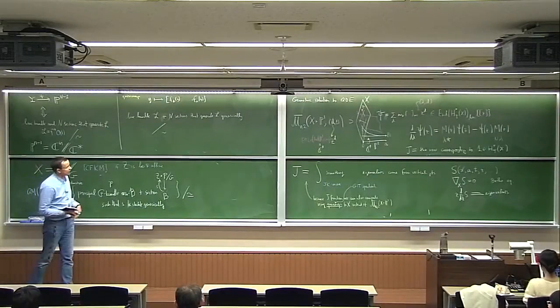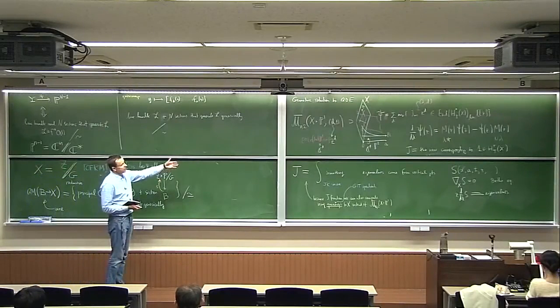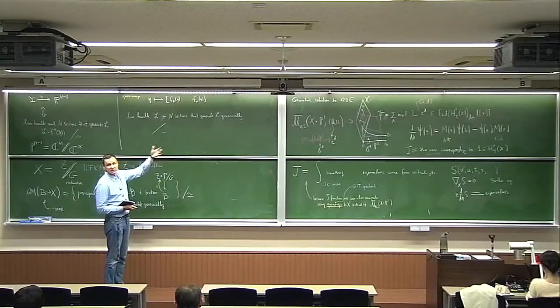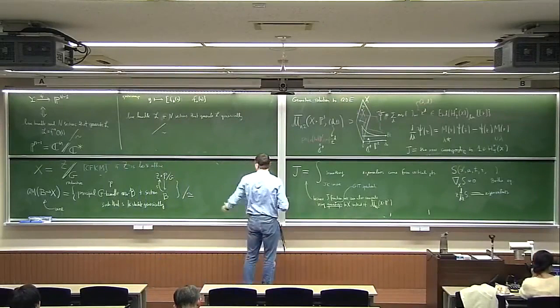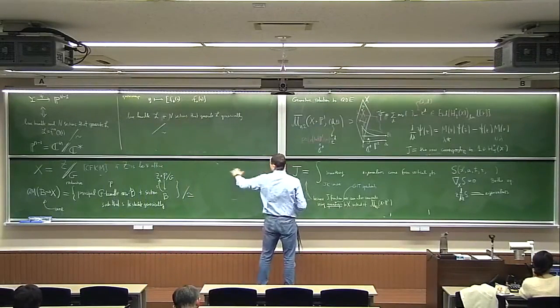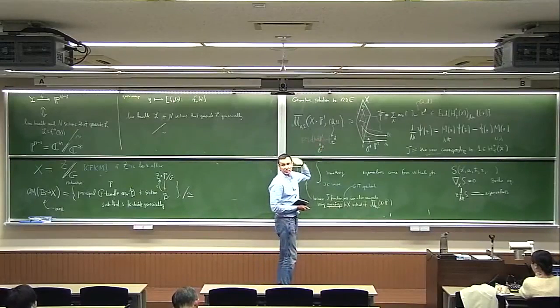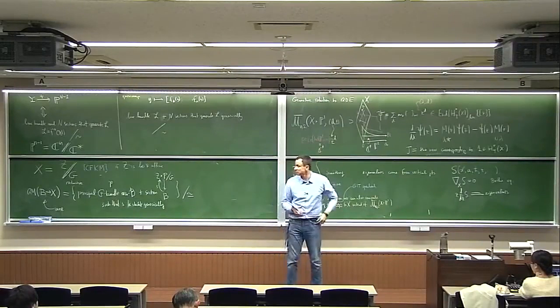And so we can define all the structures. You can define the quantum product, and it will be the same. All these things are going to be the same. In other words, in principle there is some complicated wall crossing from quasi-maps to stable maps, but all that wall crossing is just trivial in this case.